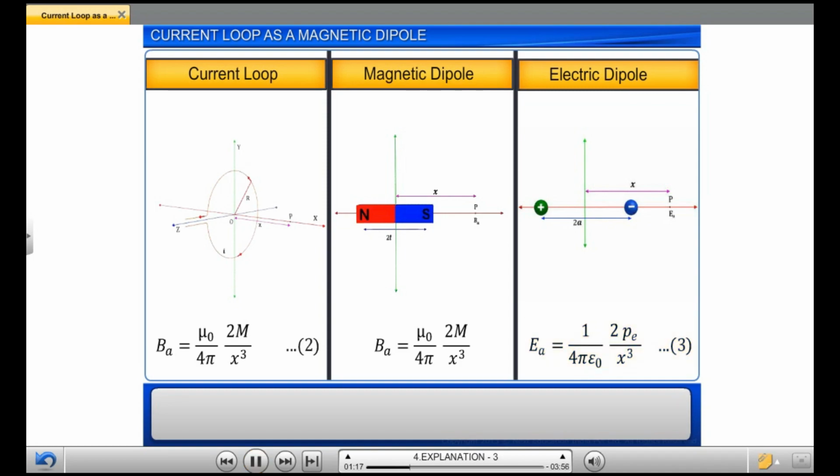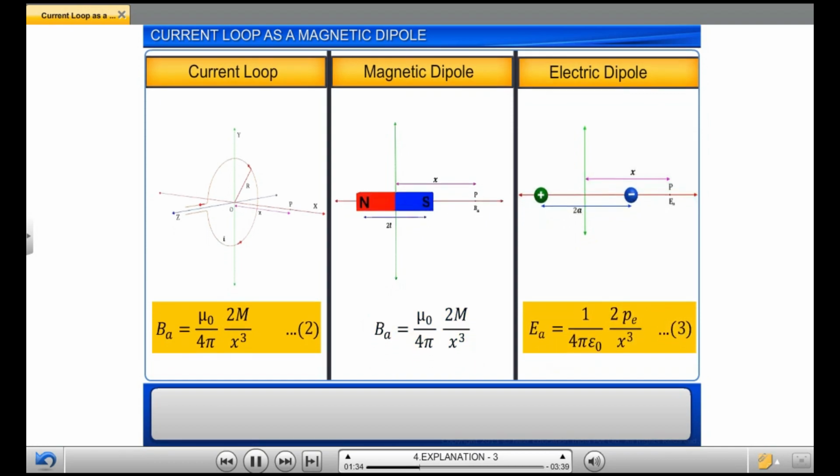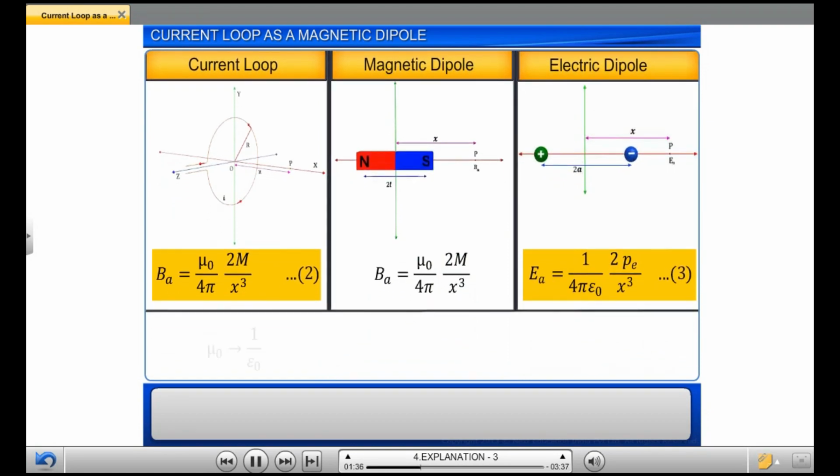The magnetic induction at a point P on the axis of a circular current loop is exactly the same as the magnetic induction at a point P on the axial line of a magnetic dipole. Compare equations 2 and 3 to notice that mu naught is analogous to 1 by epsilon naught.